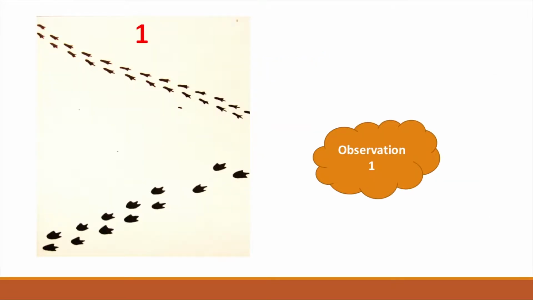Your first picture looks like this. I'd like you to take a moment and see what you observe. If you notice, there are 2 sets of footprints. We know that for sure. So we have 1 set, 2 sets. We also notice that 1 set is smaller and the second set is bigger.